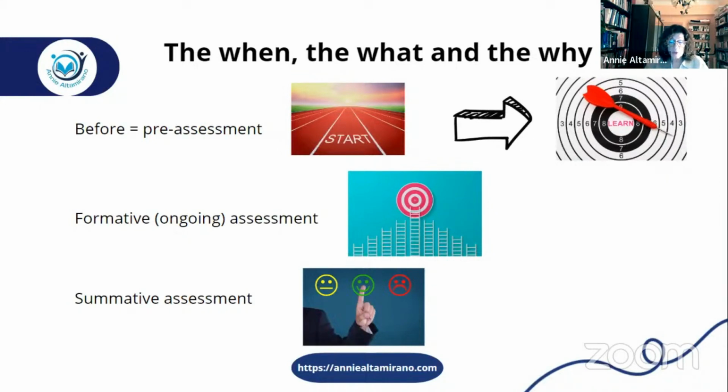And what to assess? We have seen that there are 3 ways in which learning can be effective: readiness, interest, and learning profile. Okay, so we can better focus on our planning if we understand our students' differences in these 3 areas. So we should assess all 3.